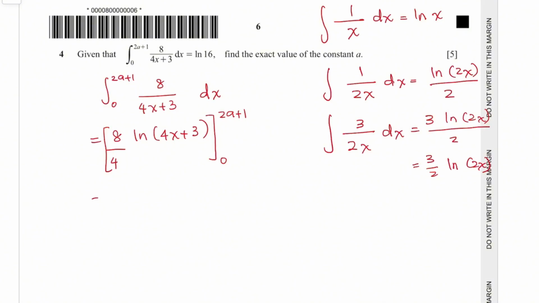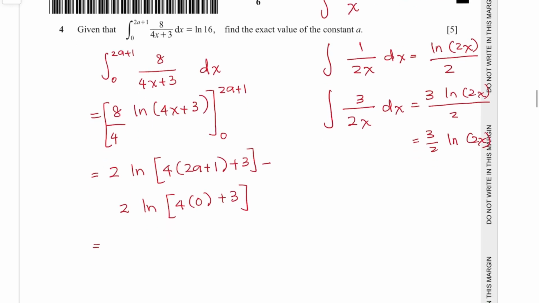What do I do with the limits? I'm going to substitute it in the place of x. So 8 over 4 is just 2 ln 4 times 2a plus 1 plus 3, to be subtracted with 2 ln 4 times 0 plus 3.